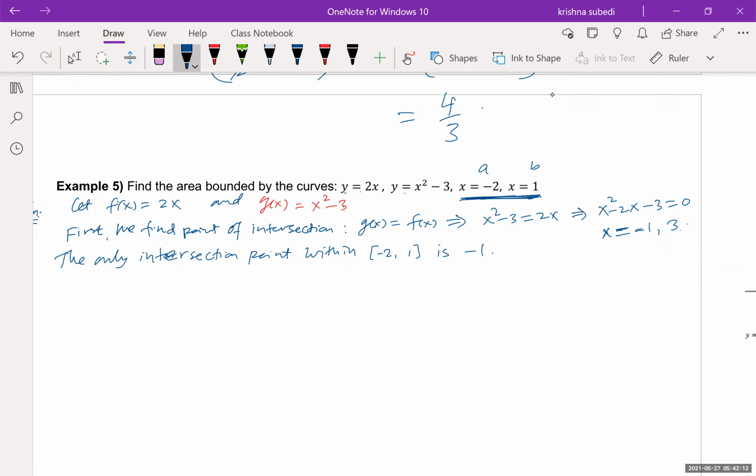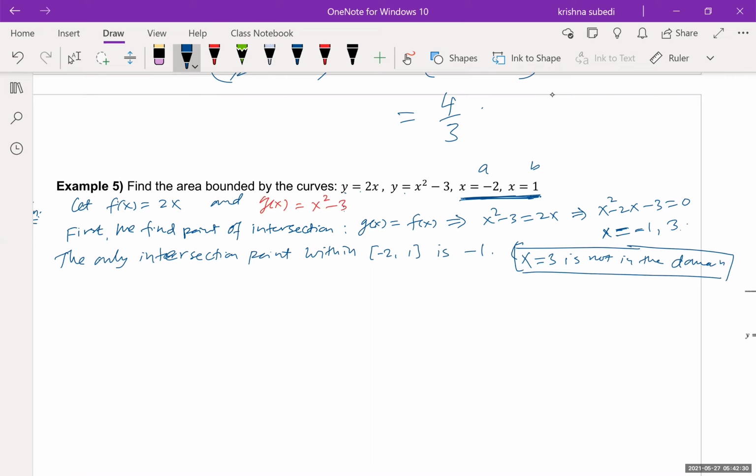So x equals 3 is not in the domain. In another word, you can also say that x equals 3 is not in the domain. You can also say this if you like.